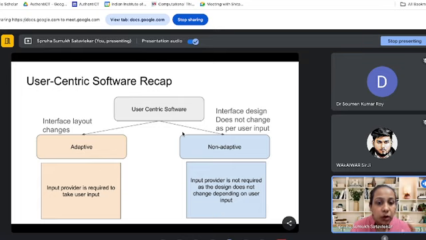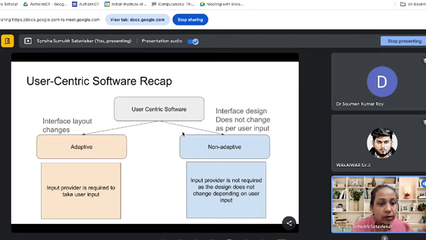The non-adaptive user-centric software is still user-centric because it considers parameters taken out of theory or out of empirical examination previously done by the designers.